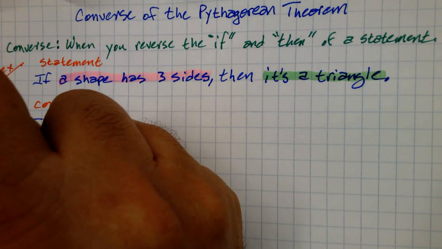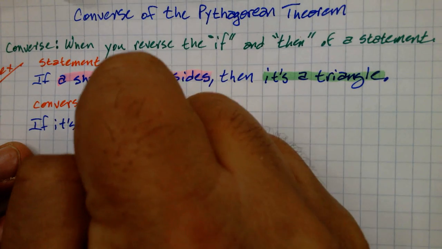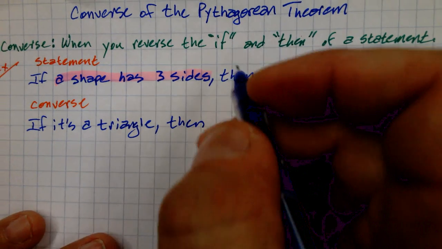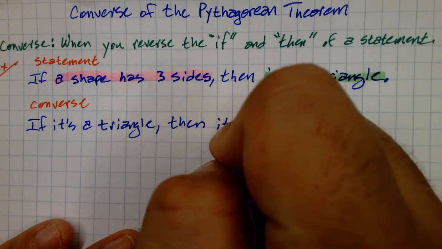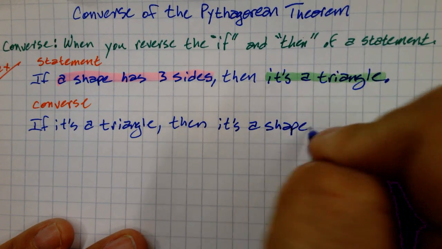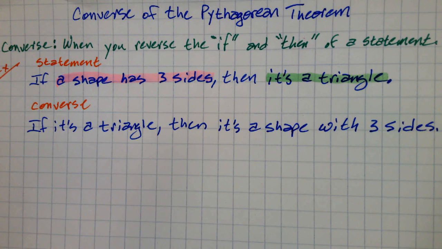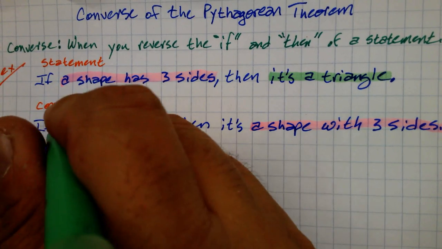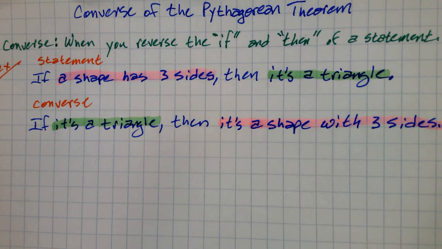If it's a triangle, then it has three sides. We should say it's a shape.